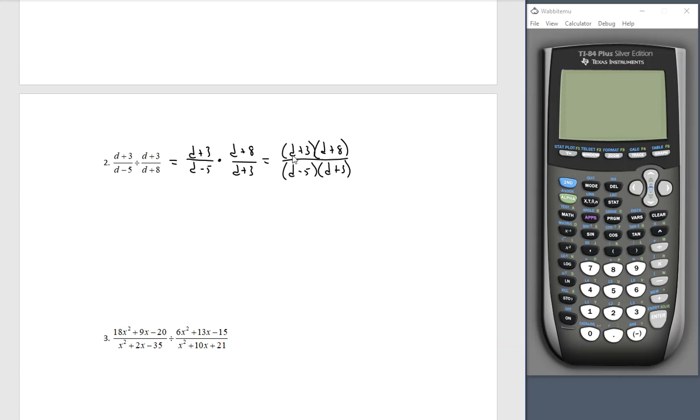Once I have it written like this, I have a d plus 3 in the numerator and in the denominator. And it looks like that's all that cancels. D plus 8 over d minus 5. Remember, the d's do not cancel because they're not written as multiplication. They have to be written as multiplication before you could cancel them at all.